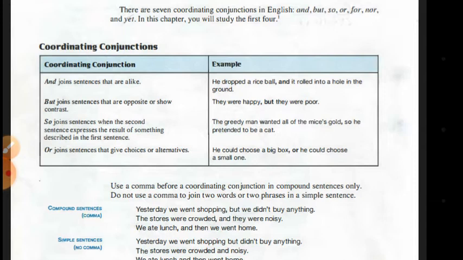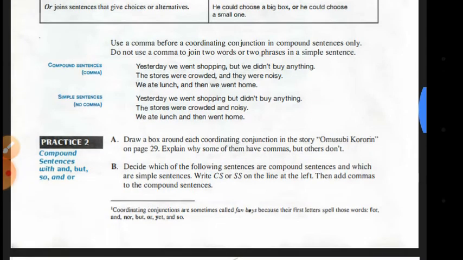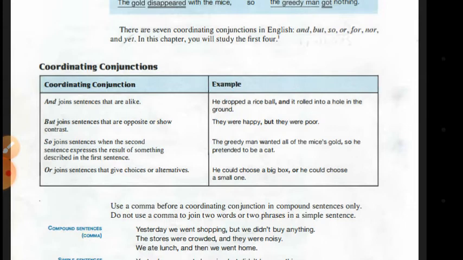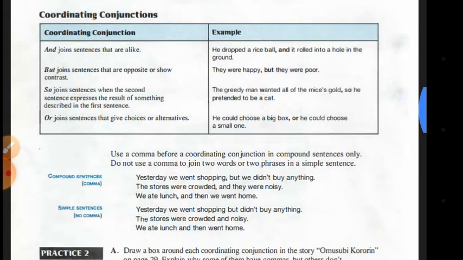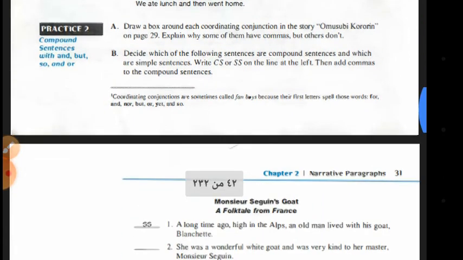Or joins two sentences that give choices or alternatives: he could choose a big box or he could choose a small one. These are the coordinators, used to join sentences, resulting in compound sentences.